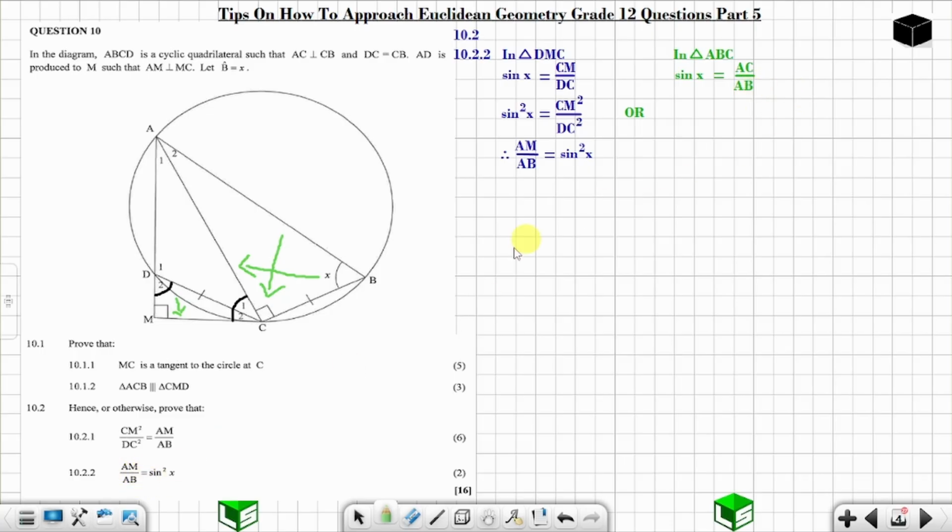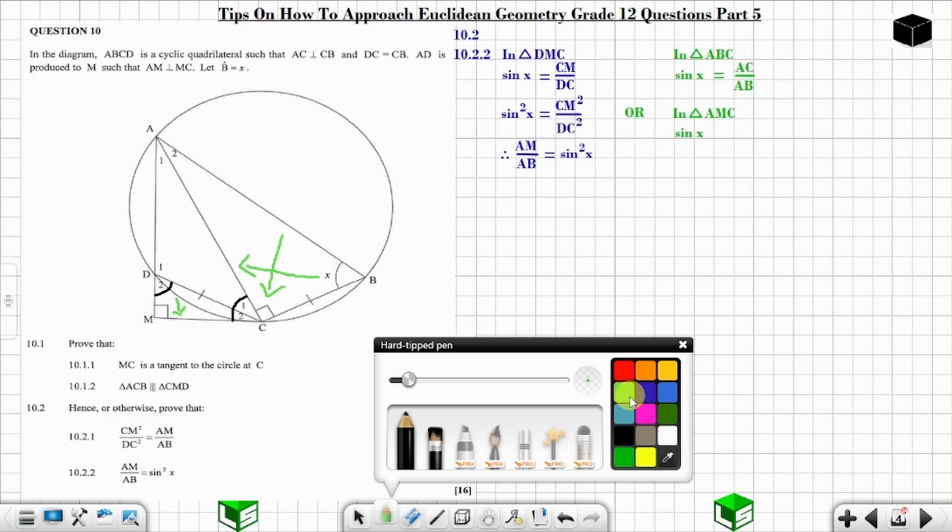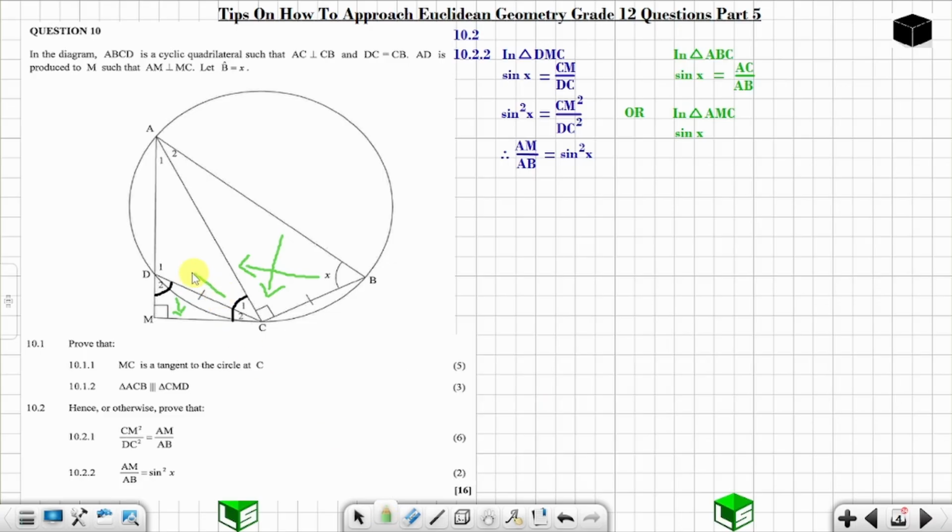Okay. Now, you can use this triangle. Using triangle AMC, this is a right triangle because you have a right angle. And this angle is x as well. So, sin x is equal to opposite over hypotenuse.